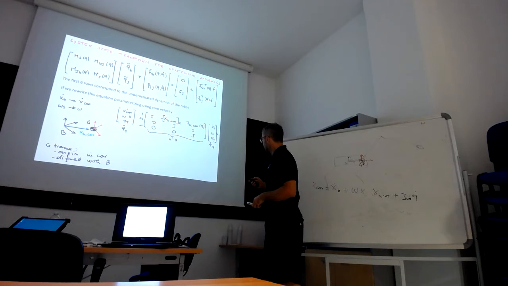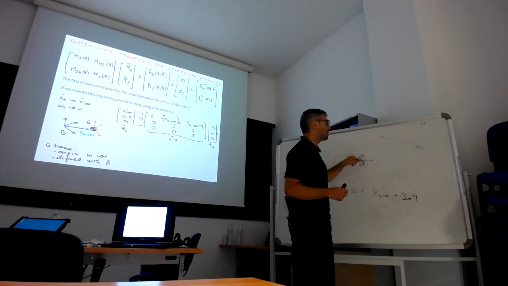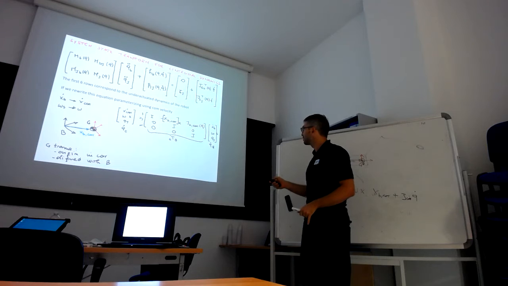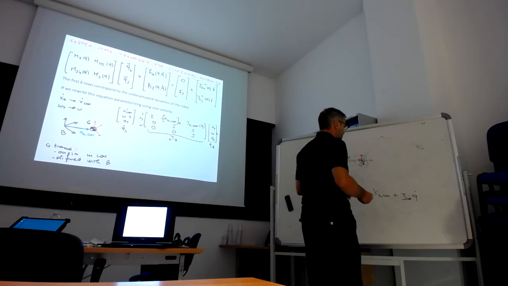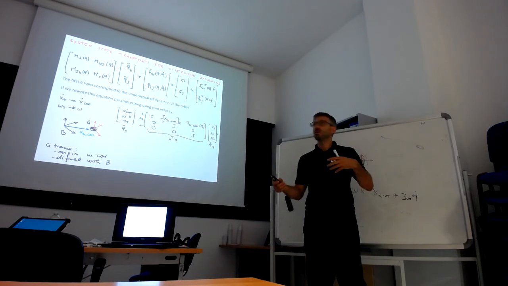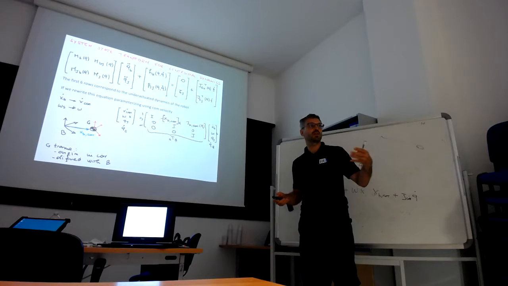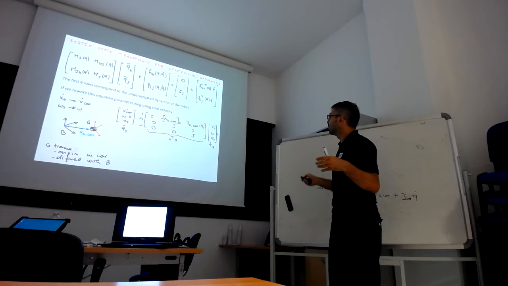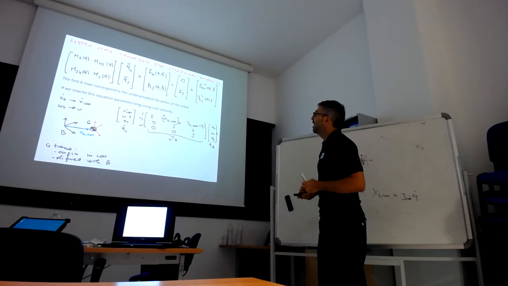I will call it JCOM. It will affect the location of the center of mass in the base frame. That's why I wrote JDCOM, to distinguish it from JCOM, which is the Jacobian that maps the COM velocity from all the joints, even the base one.